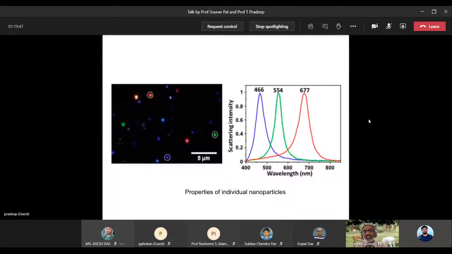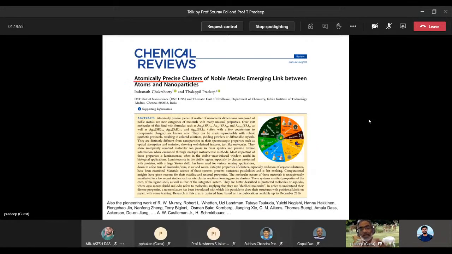And all of them will essentially show properties similar to what you are seeing here, the scattering spectrum or whatever else. But can you have atomically precise particles? This question itself is very old. In fact, it is about 20-25 years old.